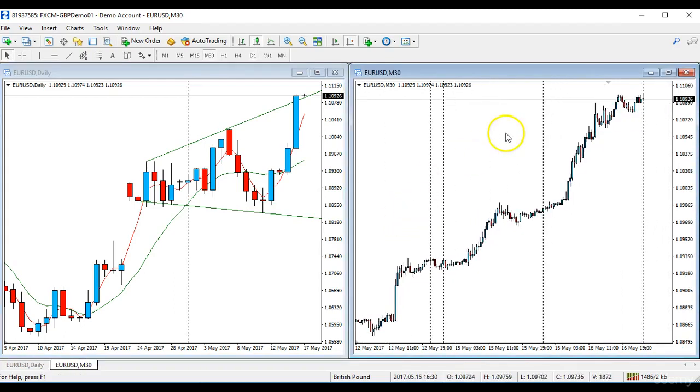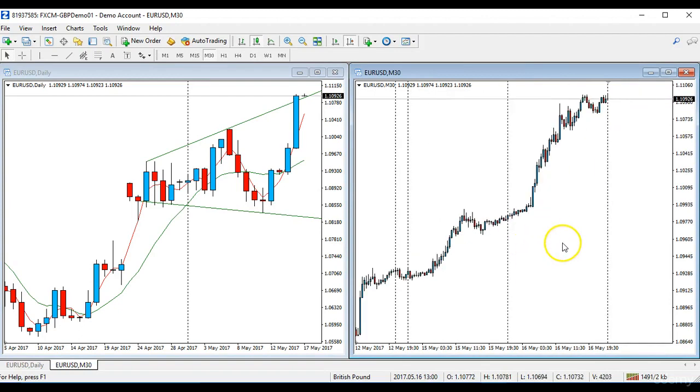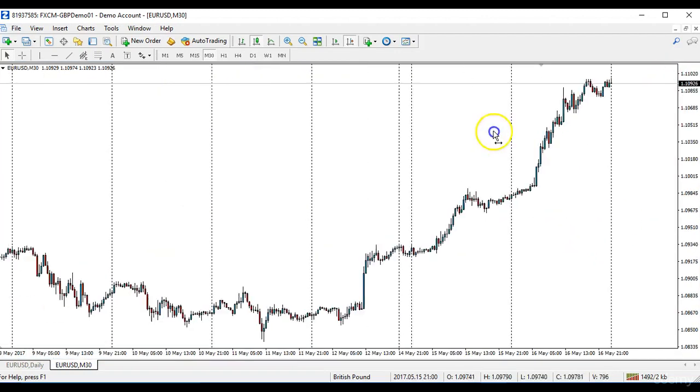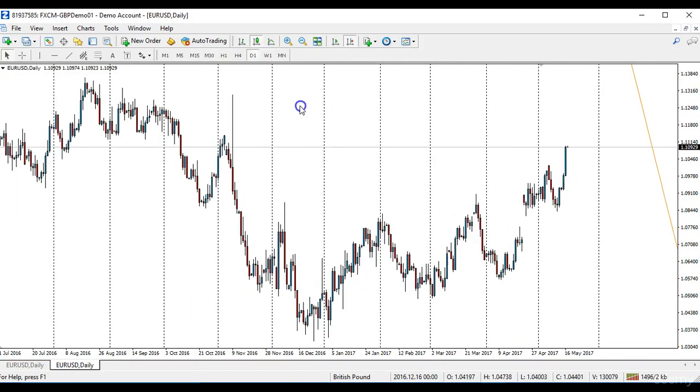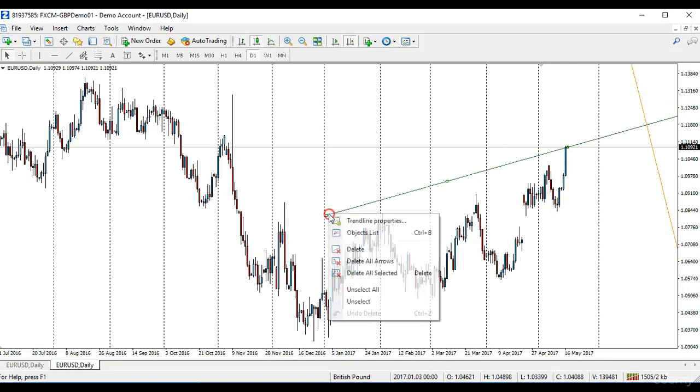And so then what we do is we go over to the lower time frame, and we're now looking for ways to enter into that move. Okay, so if I just put those lines in, actually, in fact, I won't go there.